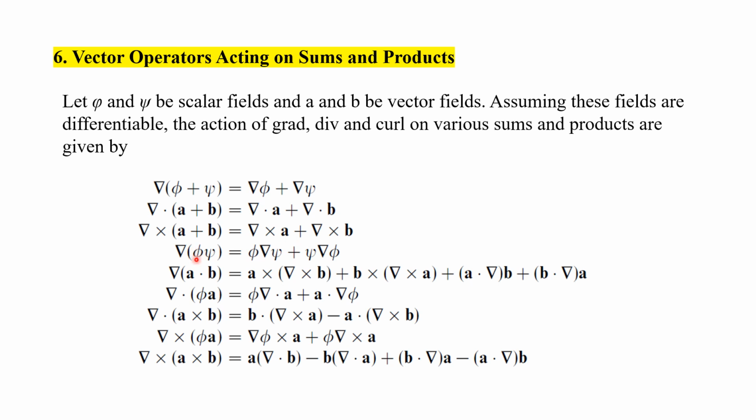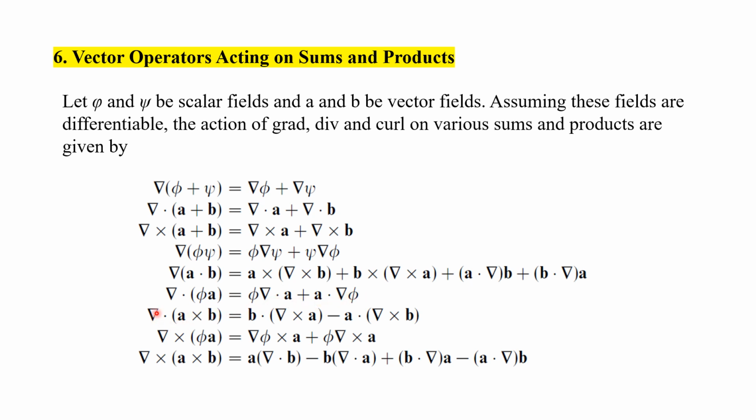For the product of your scalar fields, del of phi psi, it's phi del psi plus psi del phi. For del of the dot product of A and B, it's given by this one here. For the divergence of phi times A, it's phi del dot A plus A dot del phi.